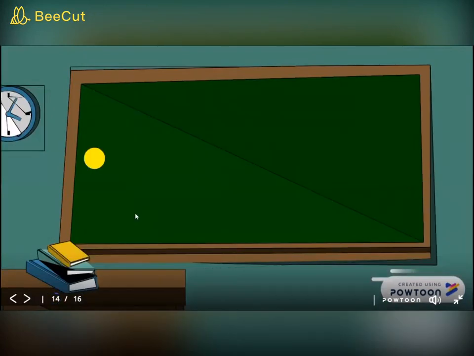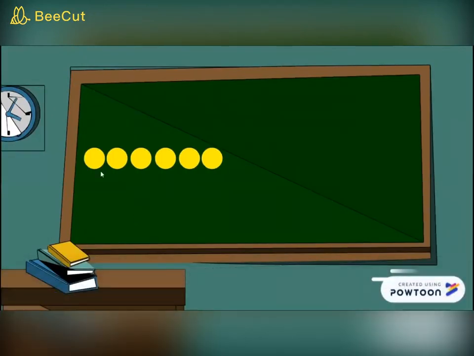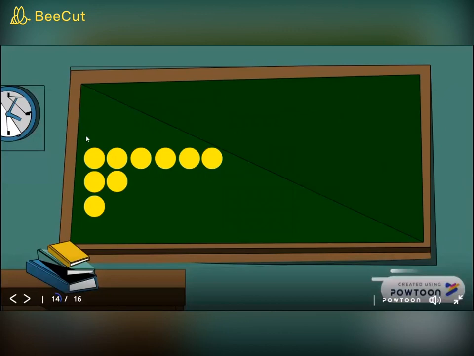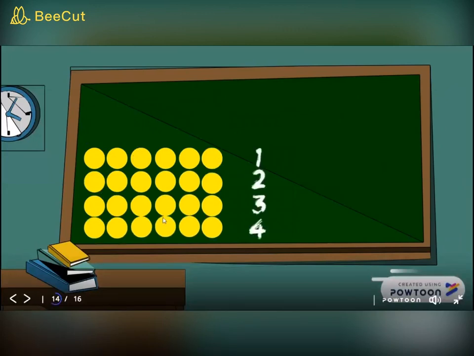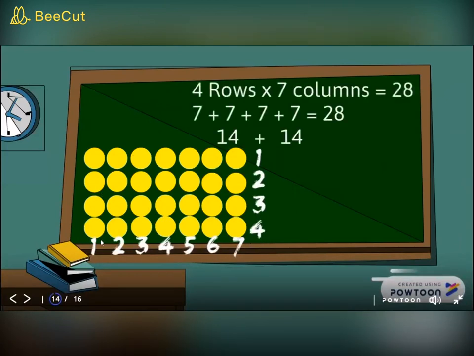Let's check our answer here. This is the big array, the very big array this time. Yeah, 4 rows and 7 columns. Excellent, we solved it right. The number of the rows times the number of the columns. 4 times 7. You can count all of the yellow circles here, but this is a long way.